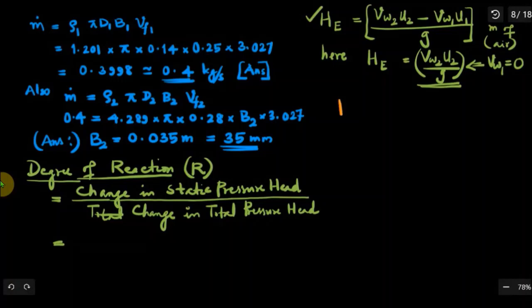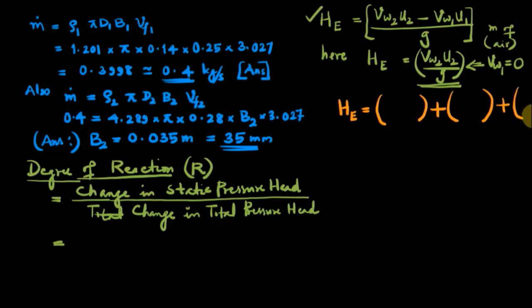then this HE you can find out as the sum of three terms. It's very important, representing the static and dynamic pressure heads. So we will write here now, plus the third term is this one. So three terms are there.